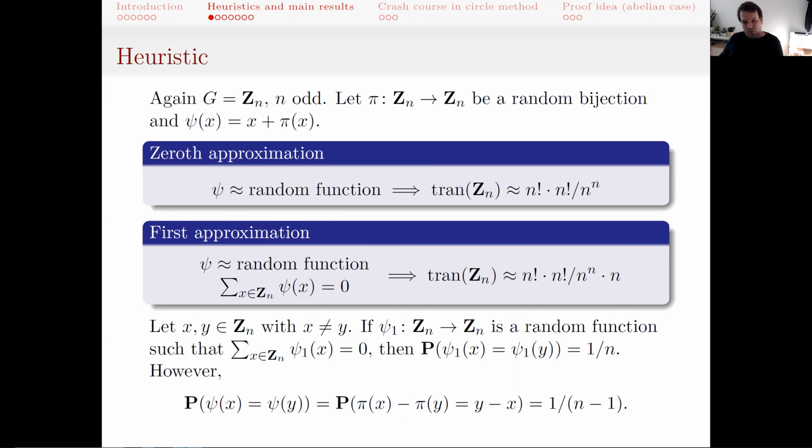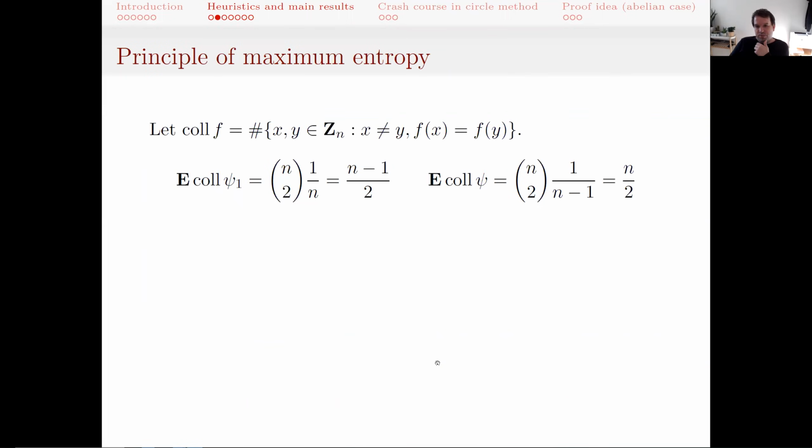So it's slightly more likely that psi of x is equal to psi of y than what our first model would suggest. You can also phrase this in terms of the expected number of collisions. For our first model, the expected number of collisions is n minus 1 over 2. And for the function we are actually interested in, the expected number of collisions is actually n over 2, so slightly larger.